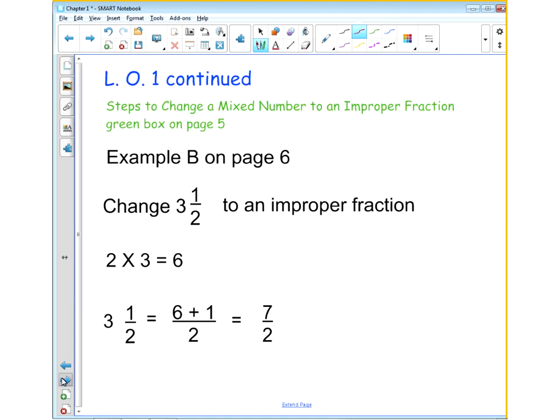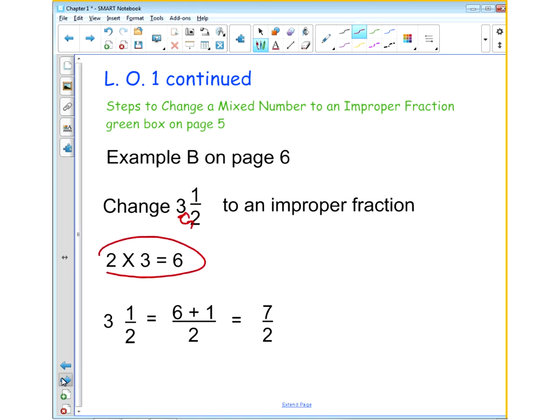Next, we'll do the reverse. We'll take a mixed number and change it to an improper fraction. That's also a green box on page 5. We want to change 3½ to an improper fraction. The first step is multiply the denominator of the fraction part by the whole number. So I've got these two right here, the 3 and the 2.